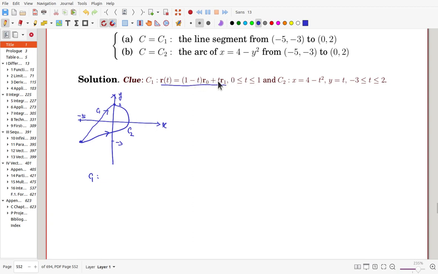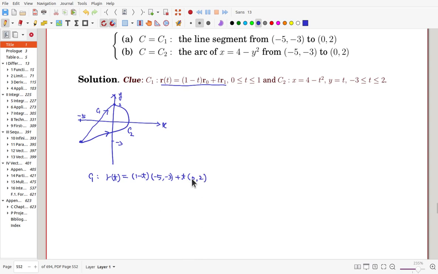This is a linear function: when t is 0, we get r0, the beginning point, and when t is 1, this portion is 0 and we get r1, the terminal point. So the parameterization is r(t) equals (1 minus t) times the beginning point (minus 5, minus 3), plus t times the end point (0, 2).